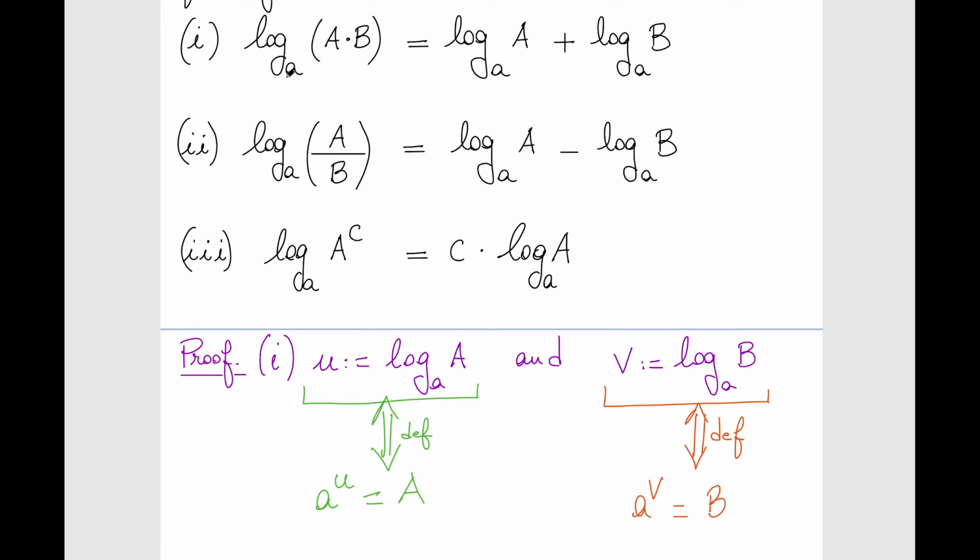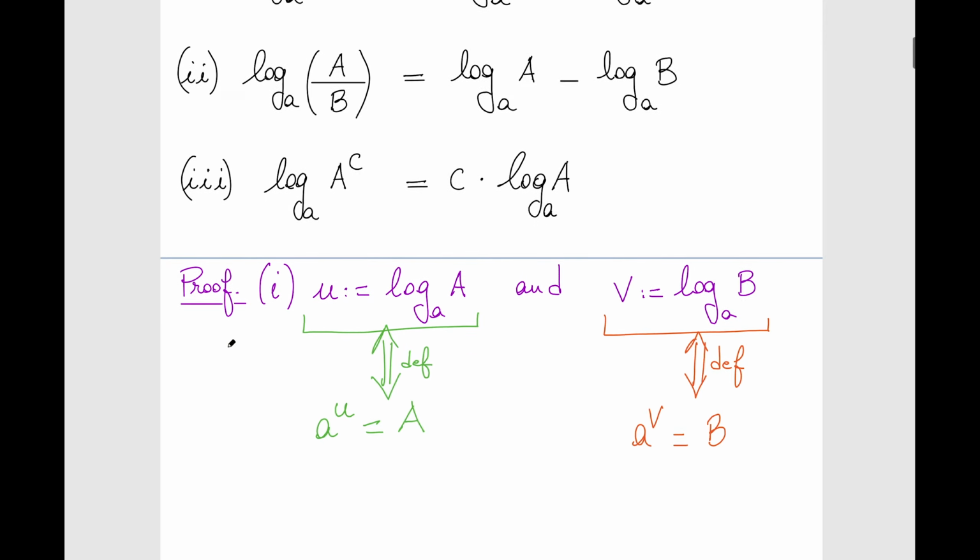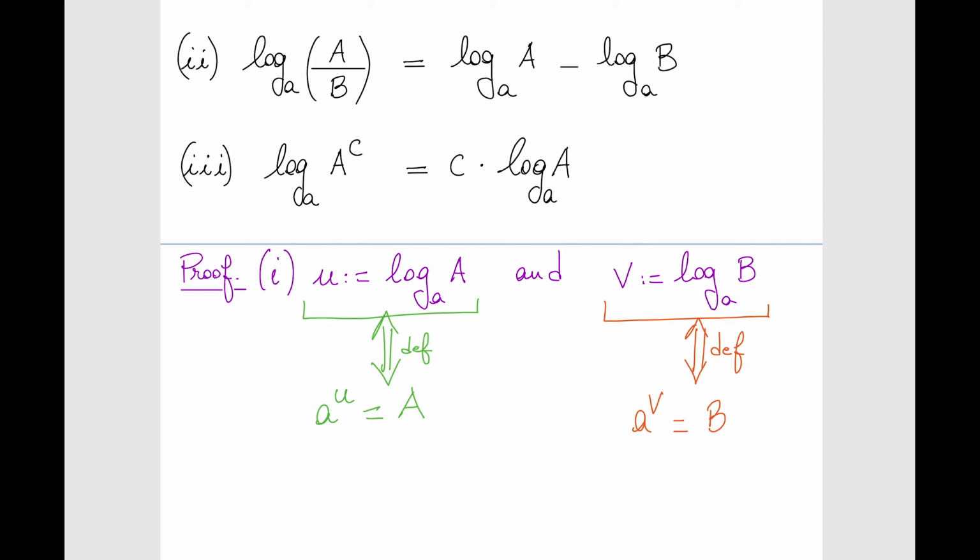Now let's try to write the left-hand side. Remember, I'm trying to show part 1. Let's take a look at the left-hand side, log base a of A times B. This is equal to log base a of, and what is capital A?